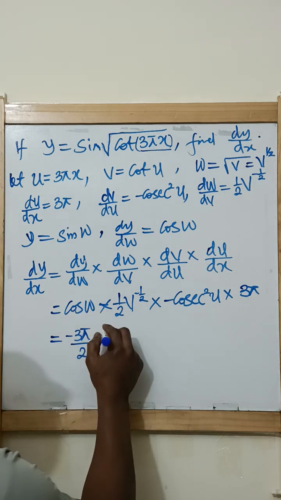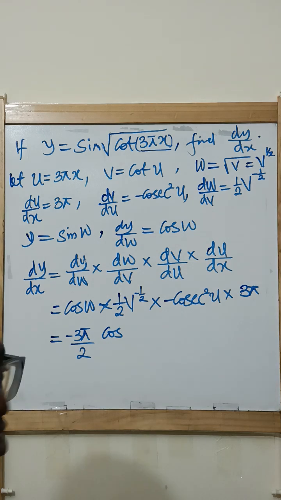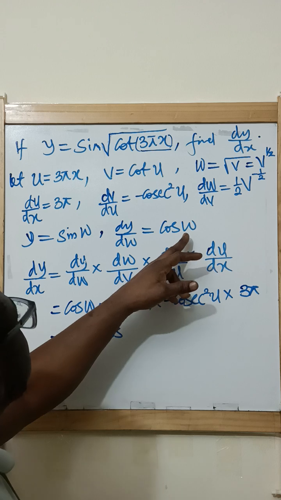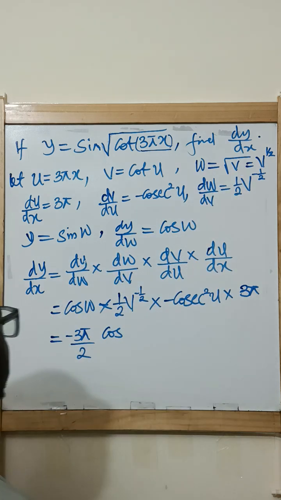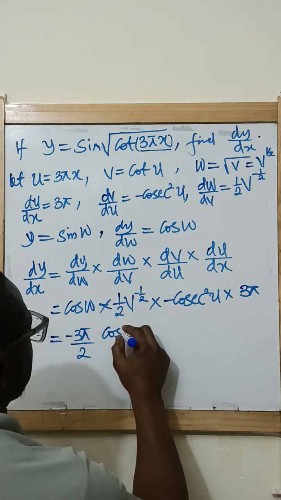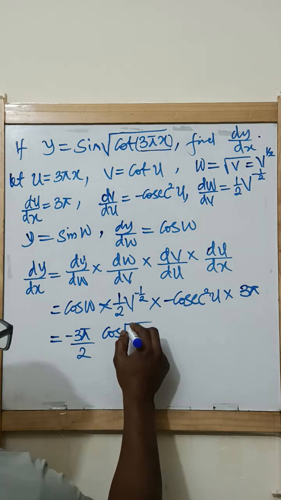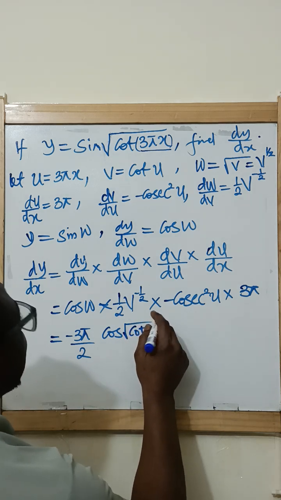Then cos w, but what is w? We need to replace those letters that we have introduced. What is w? W is the square root of v. But what is v? V is cot u. But what is u?